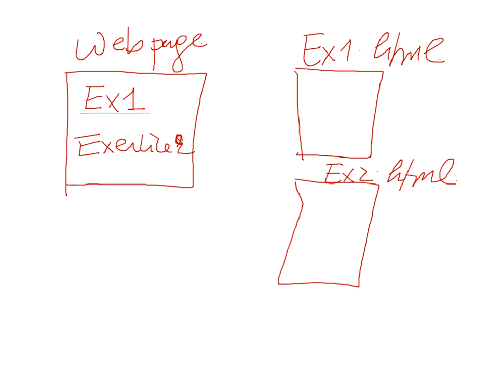When the customer or the client clicks on exercise 1, we must link this web page to exercise1.html, and for exercise number 2 also, the client must be transferred to exercise2.html. So how can we create this link?